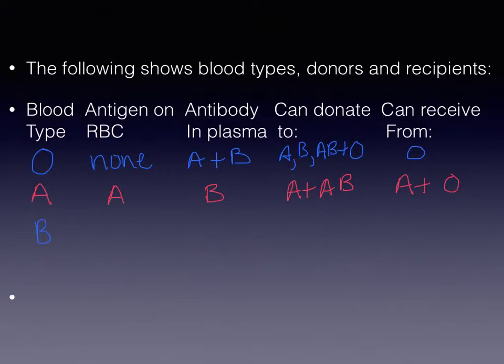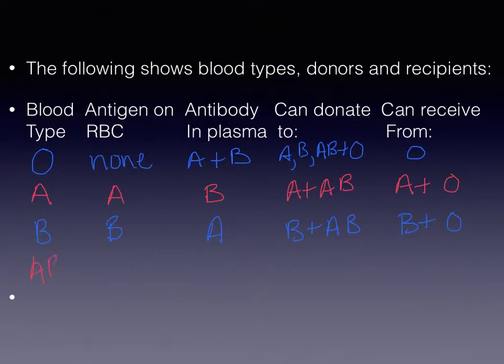It has antigens from B. It has antibodies in the plasma for A. It can donate to B and AB, and it can receive from B and O.